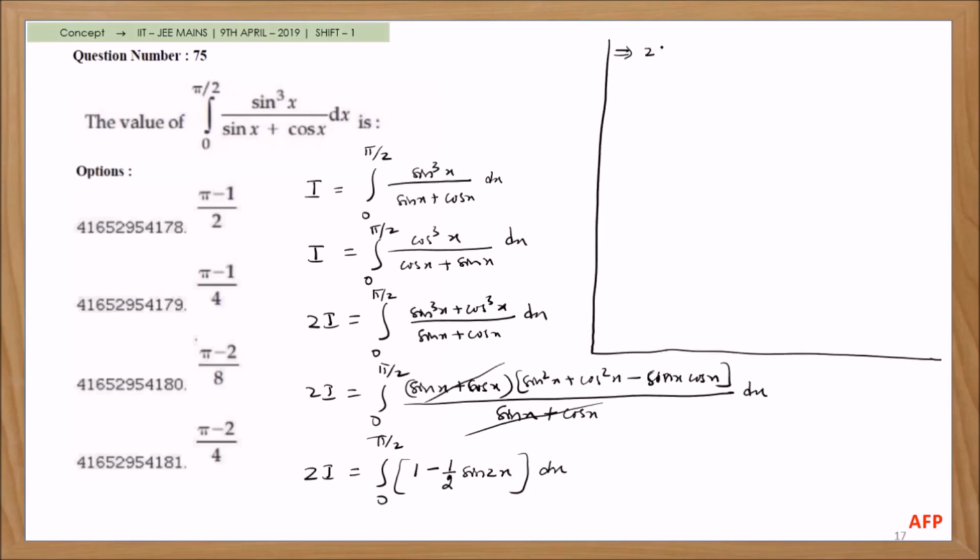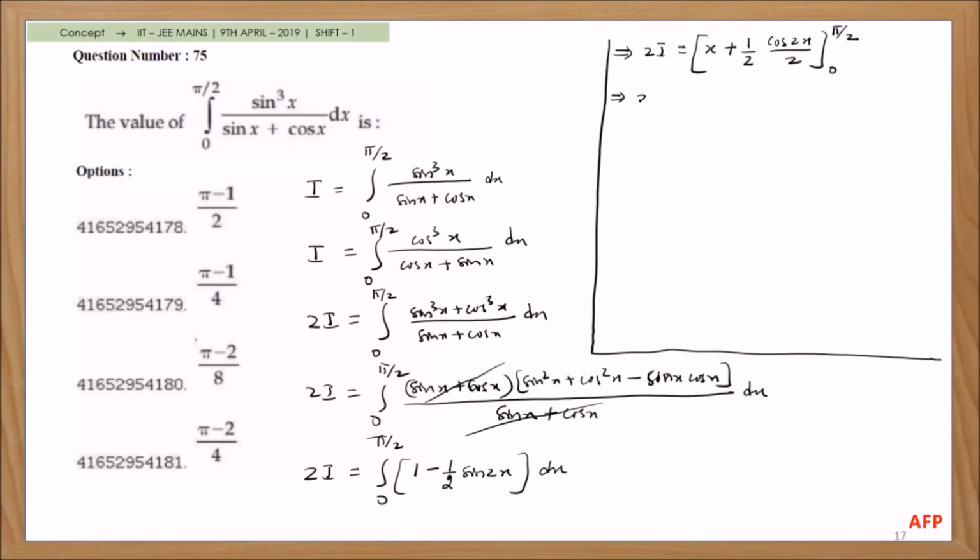This implies 2I = integration. If you apply, so what are you getting, x, and sine differentiation is cos, minus, plus, you will get plus 1 by 2 cos 2x divided by 2, and you are getting 0 to pi by 2.